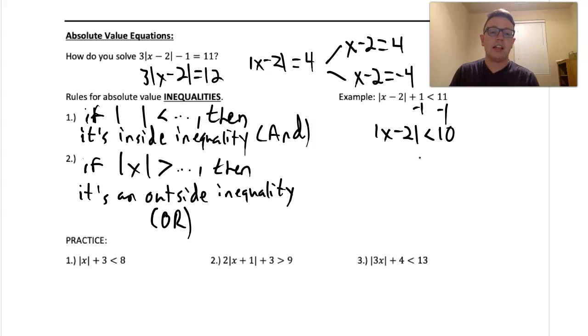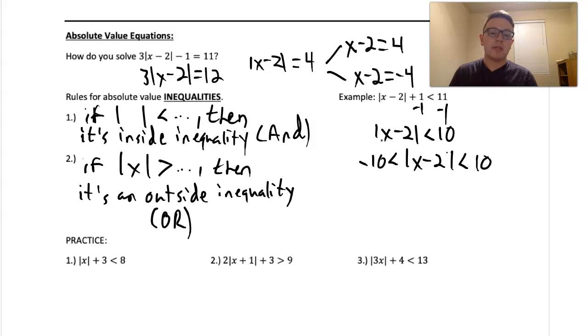We see this is less than 10, meaning that this is going to be an inside or an and inequality. That means x minus 2 is going to be sandwiched on both sides by the positive and the negative values. So we get the negative 10 will be less than this, but 10 will be greater, right?